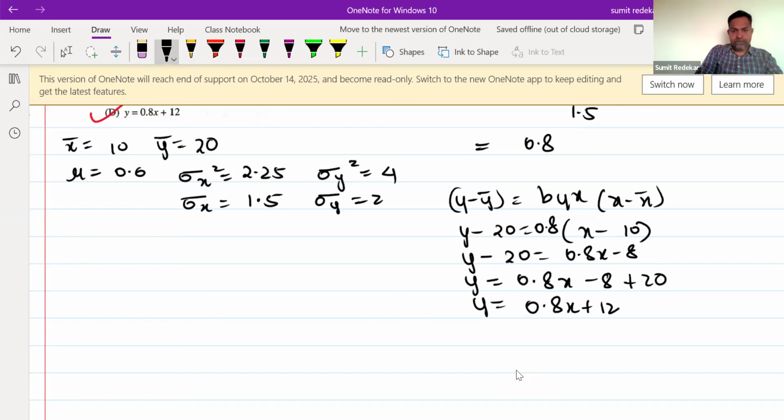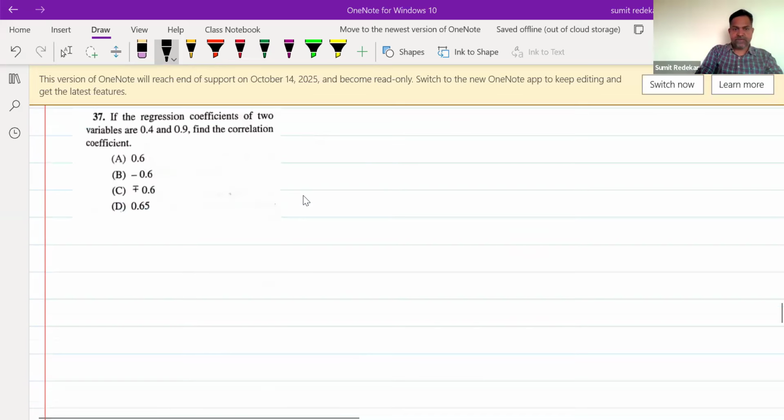Quickly moving on to 37. The regression coefficients of two variables are 0.4 and 0.9. Regression coefficients, which are bxy and byx, could be either, 0.4 and 0.9. They have asked for the correlation. We don't know which is which, so we directly say r is plus or minus root of bxy into byx.